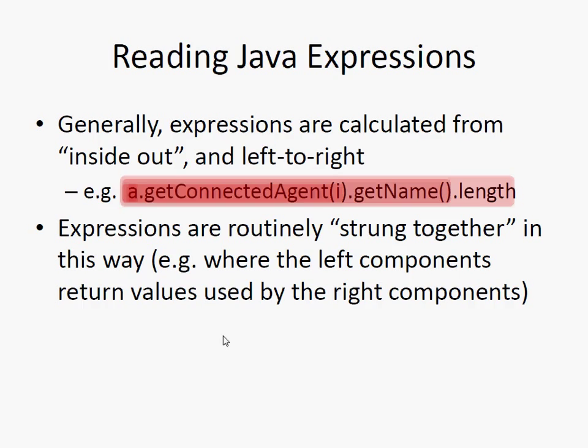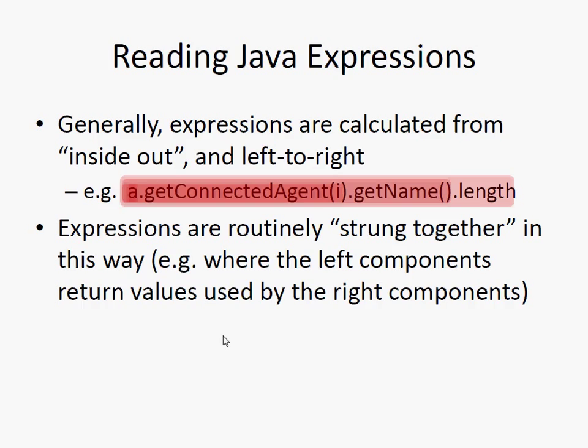Well, you read it from left to right, inside to out. Okay? So we start with A. What sort of thing is A? If we have A dot, what is it? It's a reference to something. It's referring to some object. Maybe it's a person. Indeed, it is a person here.